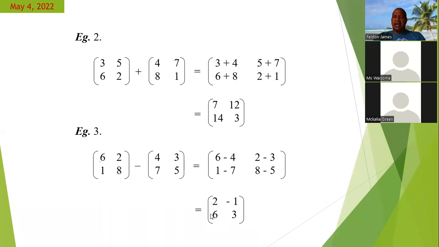Apparently the negative sign is missing here. So make that correction. So that should be minus 6. And then 8 minus 5 will give you 3. All right, guys. So that's how we add and subtract matrices.